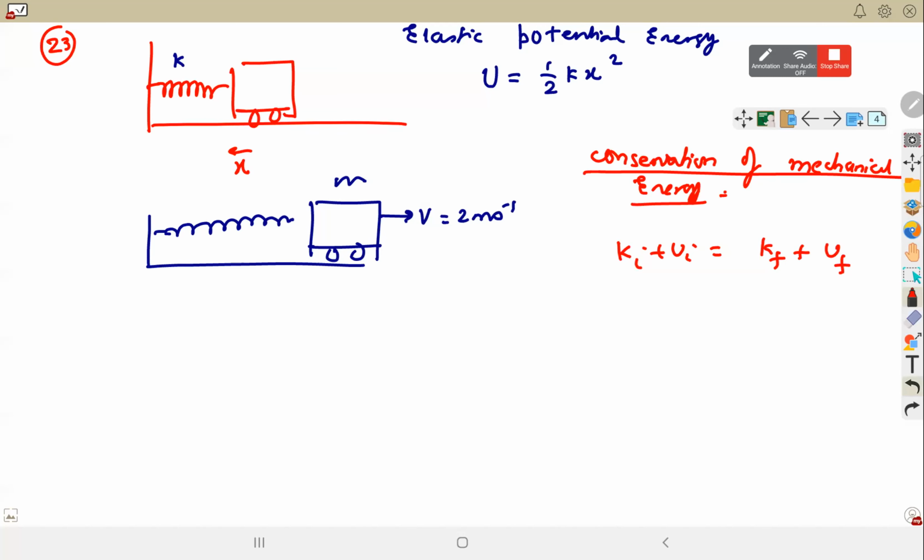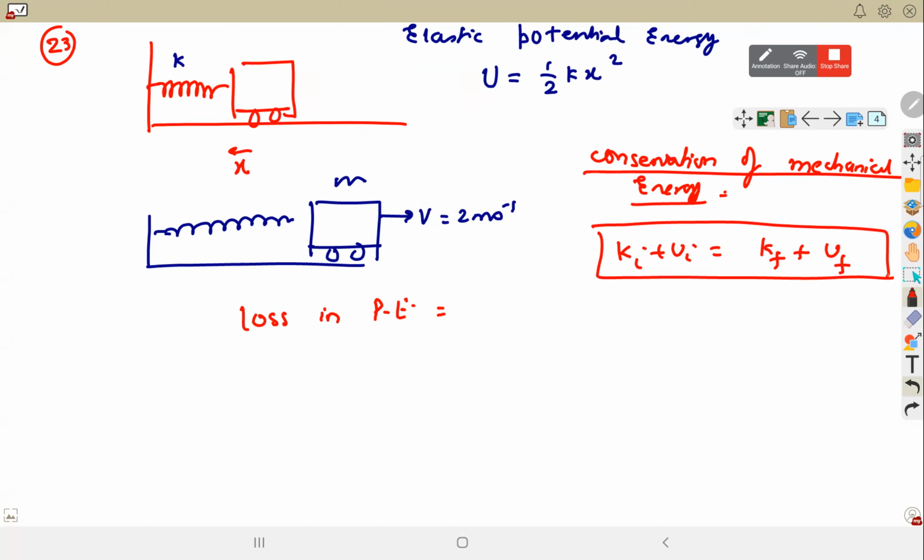No son, there is no such law. You have to write loss of one type of energy is equal to gain in another. I mean, kinetic energy is equal to potential energy. No, there is no such law. Sum of kinetic plus potential is constant. That is the law of conservation of mechanical energy.